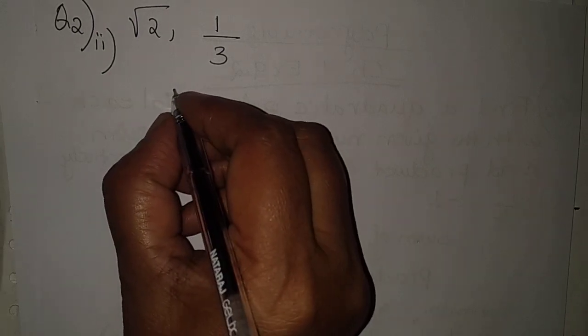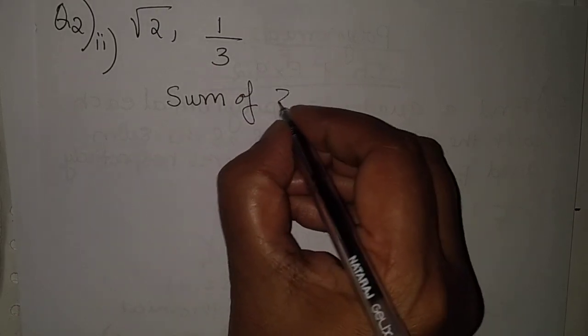The next one: the sum of the zeros is given, and the product of the zeros is also given. So what is given?